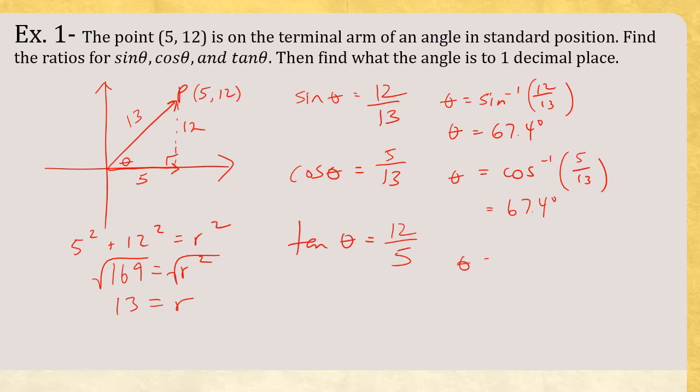Perfect. Let's see what happens when we try tan. Oh, I did it again. You can see I'm making similar mistakes that you might make, so make sure you learn from my mistakes. So tan inverse of 12 over 5.